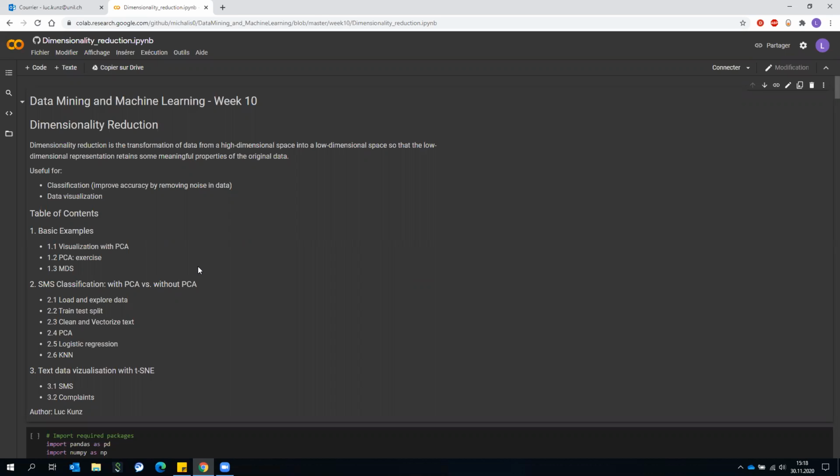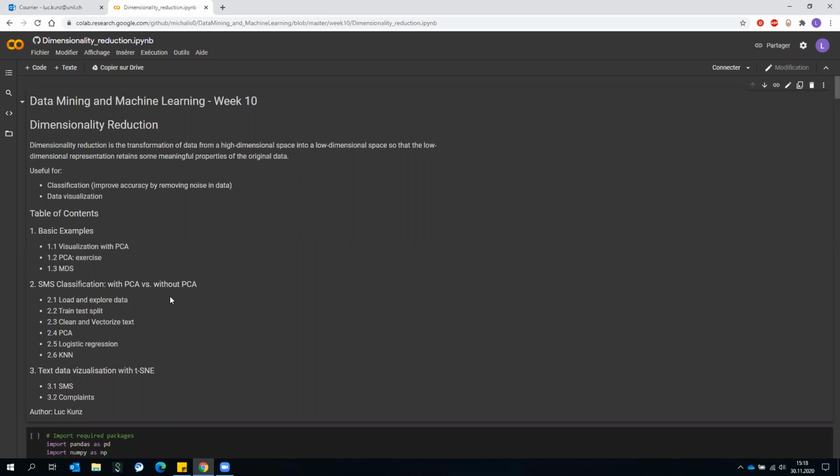If we go through the table of contents, this will be the first topic. We will see how to go from 5 dimensions or more, or from a high dimensional space to a lower one, 1 to 2, in order to be able to visualize the data. And then we will show an example of text classification with versus without PCA, PCA being principal component analysis.